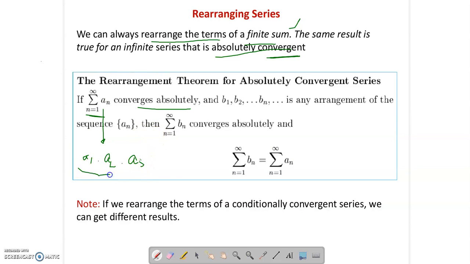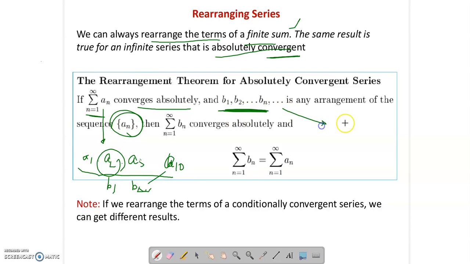Now suppose you have some other rearrangement of this sequence. Suppose you call your A2 as B1, say some A10 as your B2, so you have rearranged this sequence into another sequence, and you have constructed a series out of it, summation Bn. In that case, can you say that this series and this series converge to the same sum?